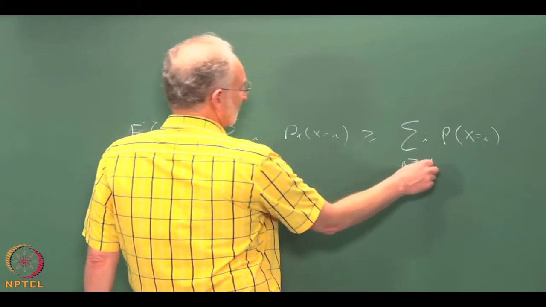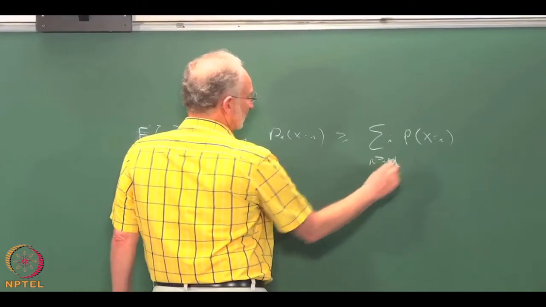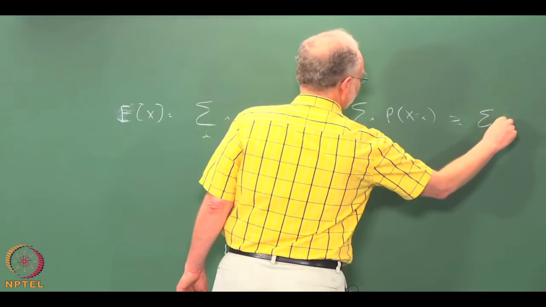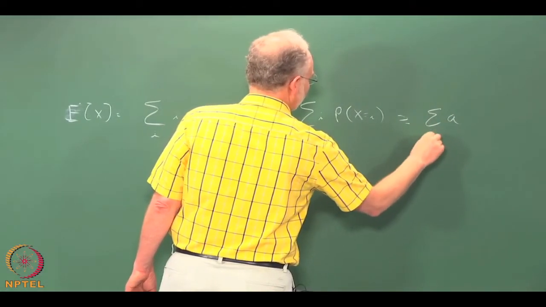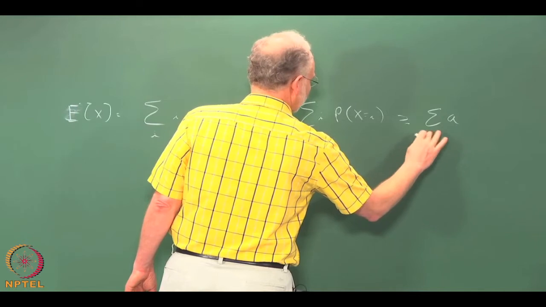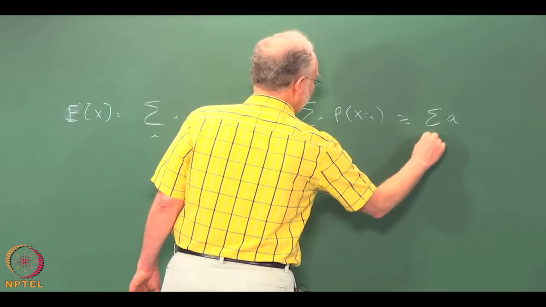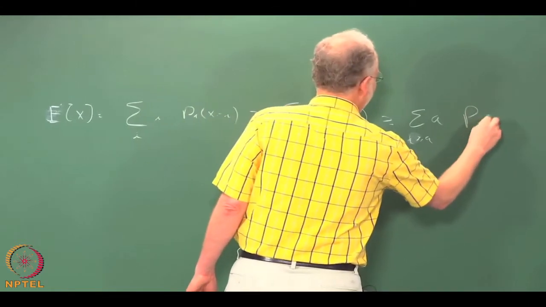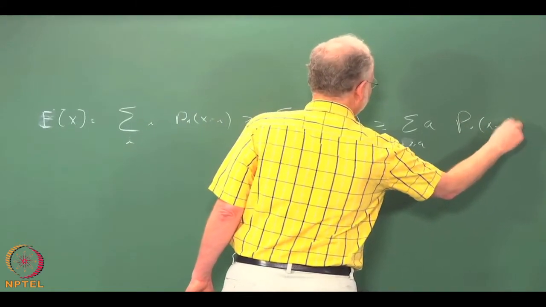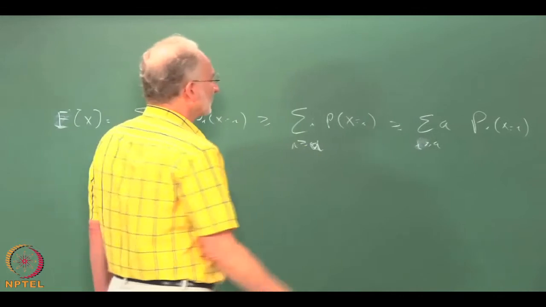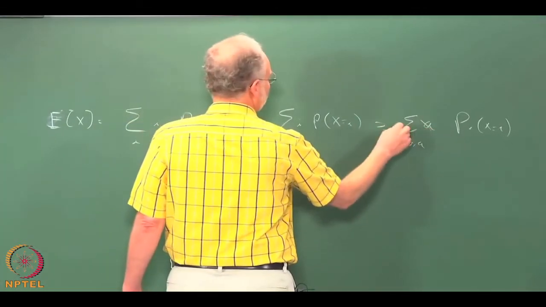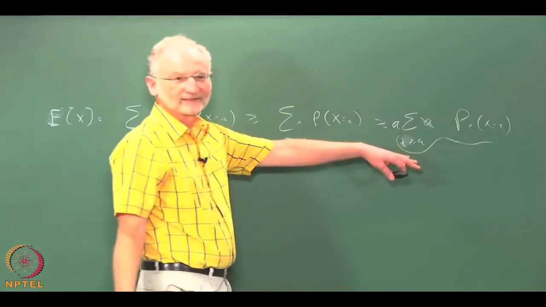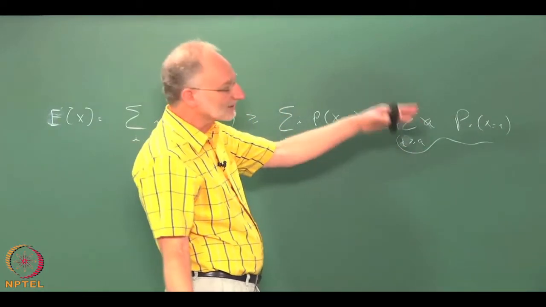But now if we sum only above A, then it's definitely greater than or equal to the sum of A times the probability that x equals i, for i greater than or equal to A. Now if we take A outside, then what's written here? The probability that x is greater than or equal to A. And we get this.